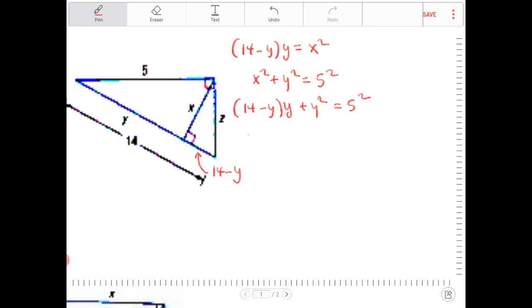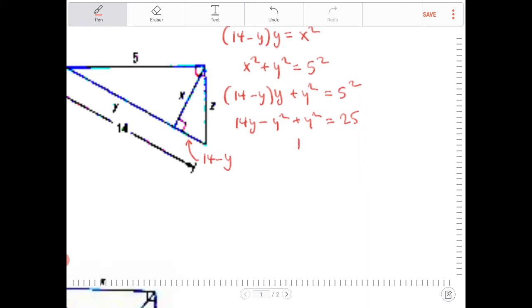So I get 14y minus y squared plus y squared is equal to 25. Notice the y squareds cancel. I'm left with 14y is equal to 25, or simply y is equal to 25 over 14.